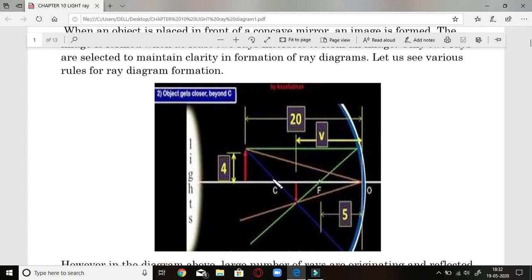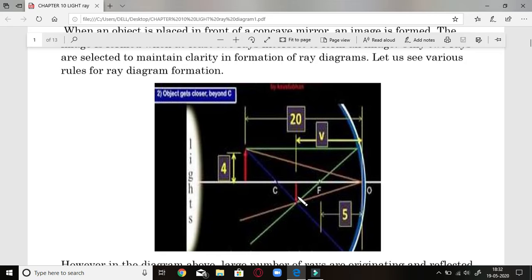Another is beyond C, as we have already seen that C is the center of curvature, F is the focus and O is the pole of the concave mirror. Now the object can be placed beyond C, at C, between C and F, at F, or between F and O. So there are various places where the object can be placed and an image can be obtained out of it.